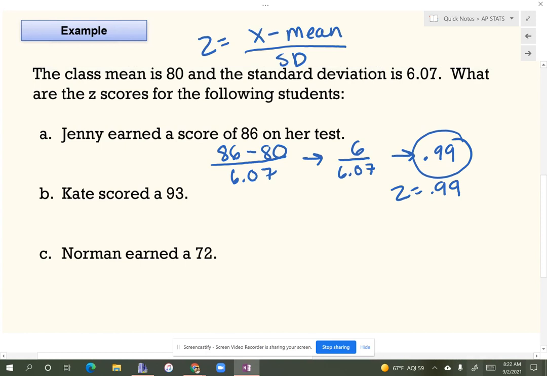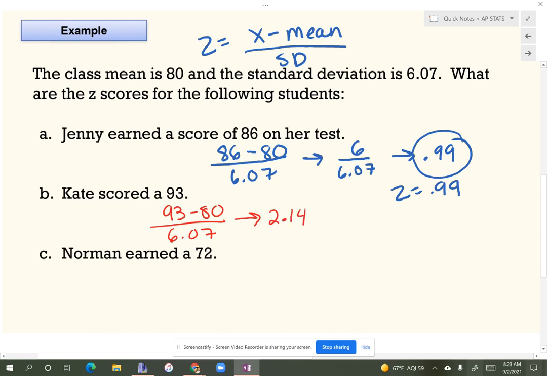Okay, moving on to Kate. Kate scored a 93, so we take her score, that observation, 93, minus the mean of 80, divide it by 6.07. And what we end up getting once we're all done is 2.14.